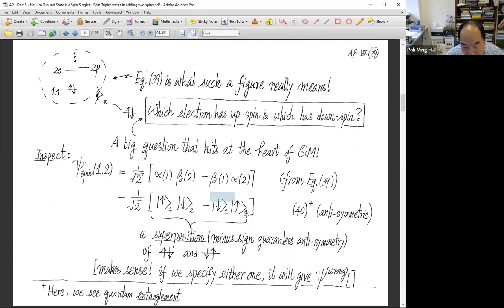We have to include linear combinations of two possibilities. In addition, we have to guarantee it is antisymmetric to go with the symmetric 1s, 1s spatial part. So we have no choice. That is the only choice. Okay? So we have seen that, and now we understand that we have no choice. That's the only thing that we can write down for the antisymmetric situation.